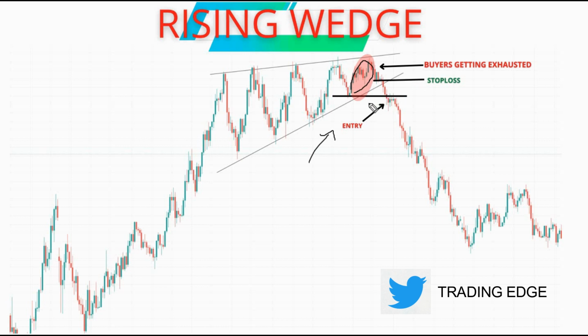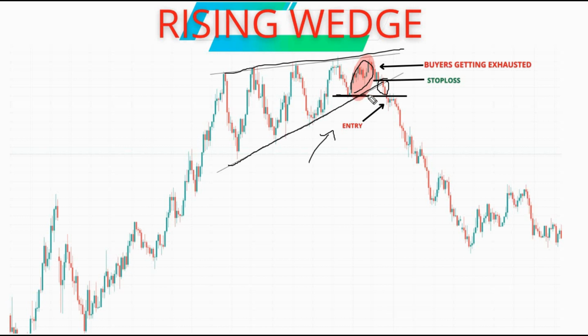Then for the first time it broke the trend line, and it also broke the last swing low. Previously the market was respecting the swing lows, but now for the first time after weak buying pressure, we saw a trend line breakdown, and it also broke the last swing low.